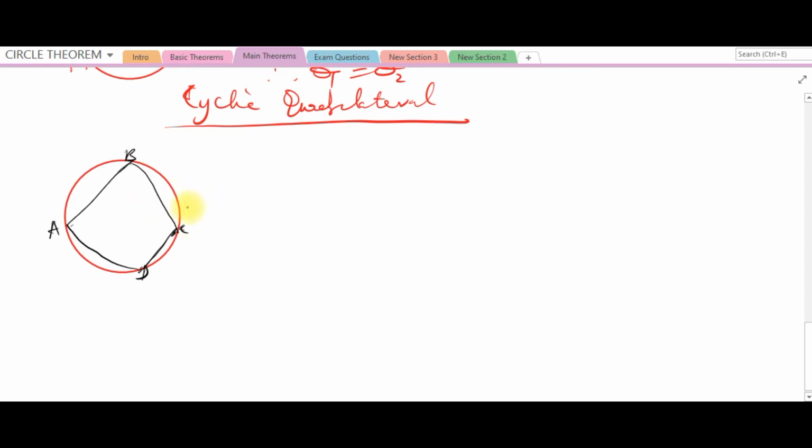So there is a special theorem for that. It states that the opposite angles of a cyclic quadrilateral are supplementary. So I'm saying that if you have theta 1 here, and theta 2 here, beta 1 here, and beta 2 here, the theorem states that the sum of the opposite angles of a cyclic quadrilateral are supplementary.